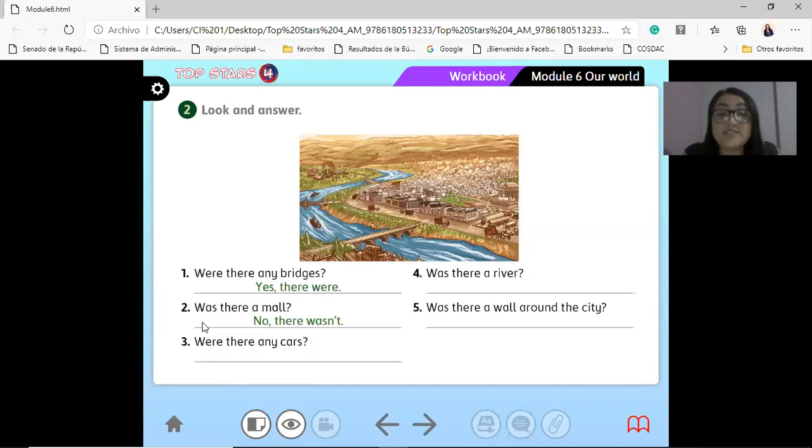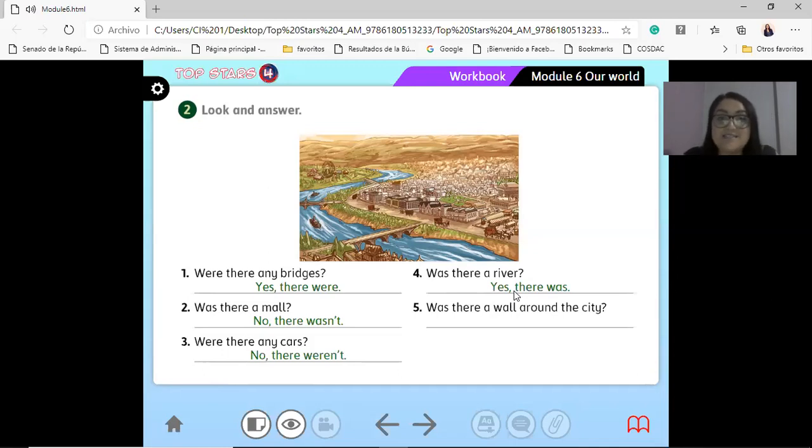No, there wasn't. Were there any cars? ¿Había autos? And the correct answer is no, there weren't. Tampoco había autos ahí. Were there any cars? No, there weren't. Was there a river? ¿Había un río? What's the answer? Very obvious, right?